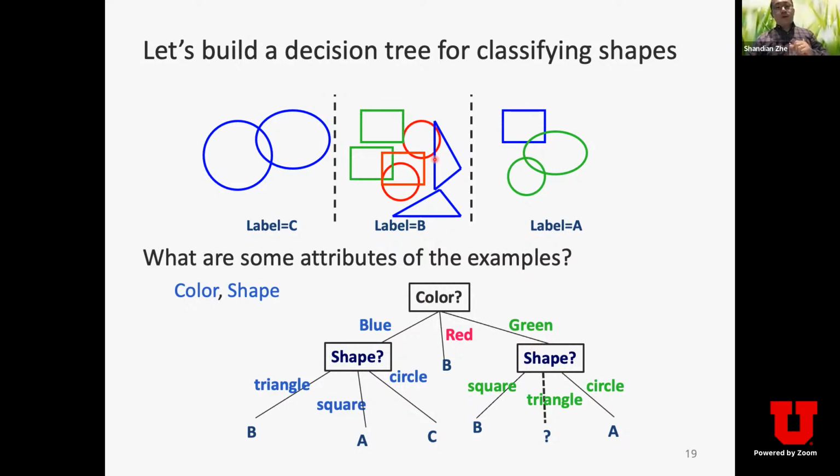So we got 4 green shapes, 2 with label B and 2 with label A. So here we have a tie, right? We got an equal number of labels for B and A. In this case, if you don't have any prior preference, you can choose arbitrarily. But if I have some preference, say I believe A is better, then you can use A. Otherwise, if you don't have any prior knowledge, you can choose any, because the data itself doesn't reveal any preference.